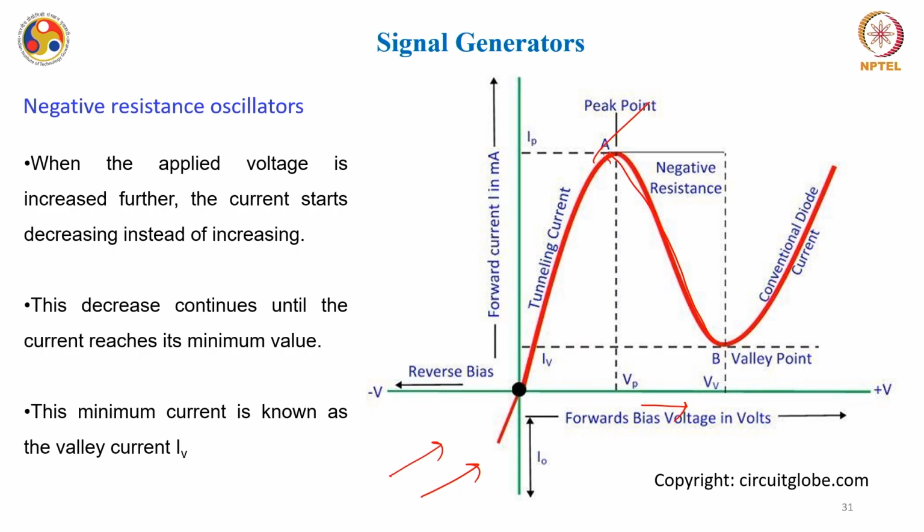This decrease continues until the current reaches its minimum value, and this minimum current is known as the valley current, IV, at the valley point. This region is the negative resistance region. You see, you are increasing the voltage, but the current is falling, and after this valley point, it enters into normal mode, which is the conventional diode mode.